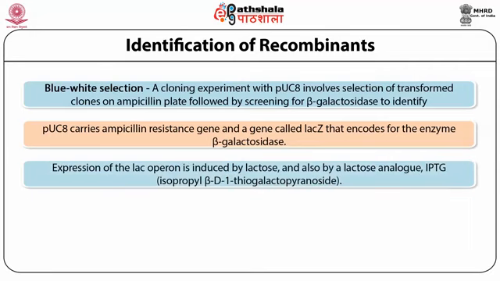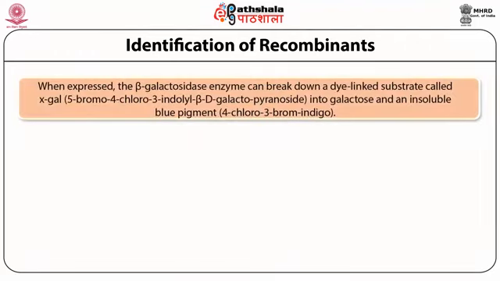Expression of the lac operon is induced by lactose in natural conditions and also by a lactose analog, IPTG, that is isopropyl beta-D-1-thiogalactopyranoside. When expressed, the complete beta-galactosidase enzyme can break down a dye-linked substrate called X-gal.